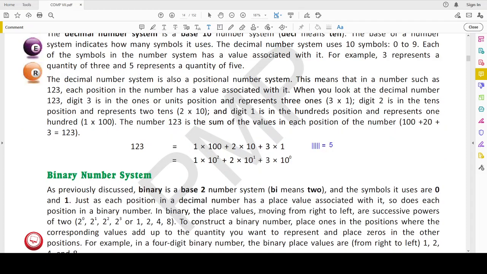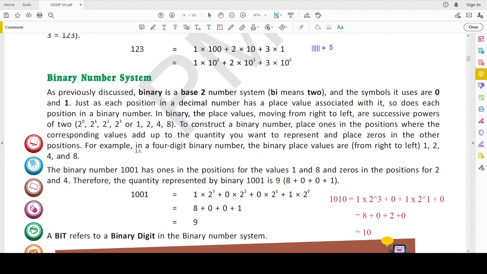Now you are acquainted with this. Okay. So you will see in case of binary number system, right? Here you have calculated the positions from right to left, 0, 1, 2. This is 10 to the power 0, 10 to the power 1, 10 to the power 2.